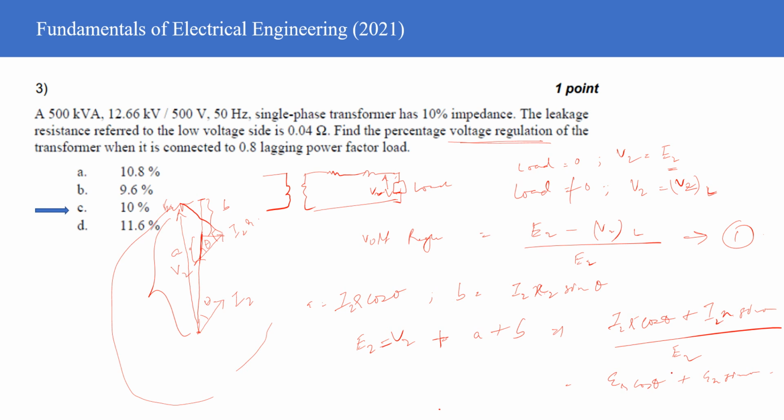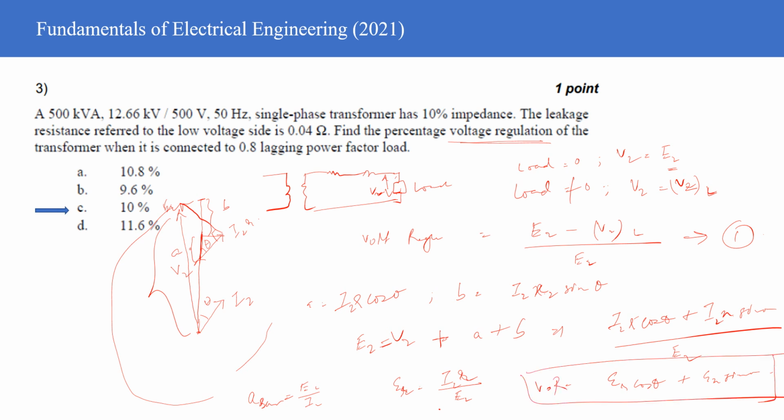So we see that ER is equal to I into R divided by E2, correct? But we know that E2 divided by I2 is R base, right? So therefore you can write that resistance divided by R base is nothing but the per unit value of resistance, which is given by ER, right? So similarly you can figure out EX, that is the per unit value of reactance, right? So this is your voltage regulation.